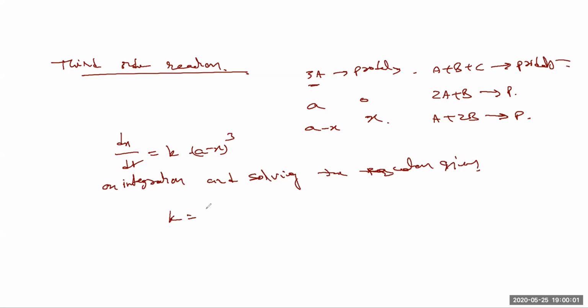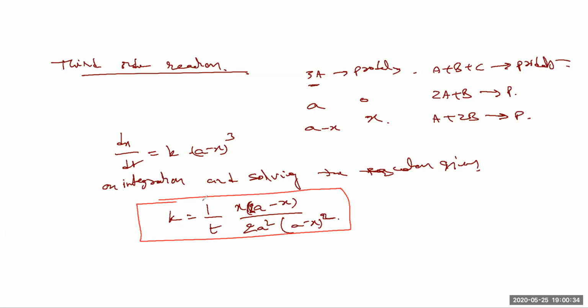Remember that one: k is equal to 1 by t into x into 2a minus x by 2a square into a minus x whole square. This is the formula. Take this. Right? No doubt. Next we'll go for the characteristics.